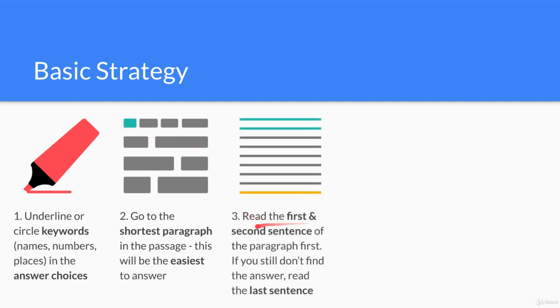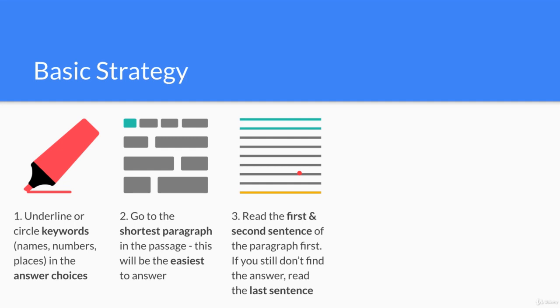All right, now here we're talking about those sentences. Remember, we talked about how the first and the second sentence are the most important ones in the whole paragraph. These two sentences are going to give you a very good overview of what the whole paragraph is going to talk about.